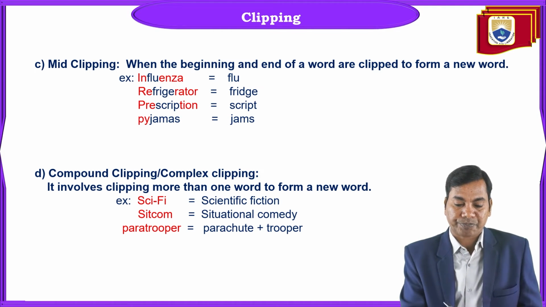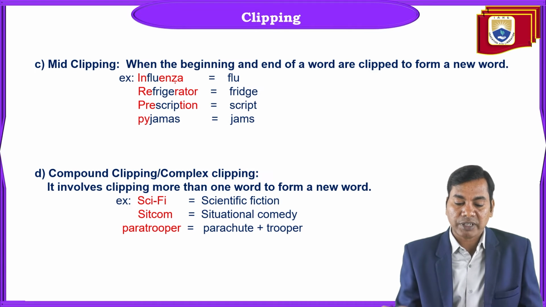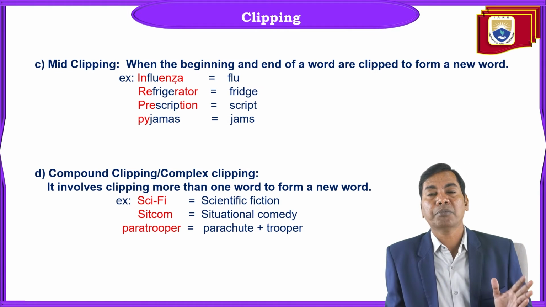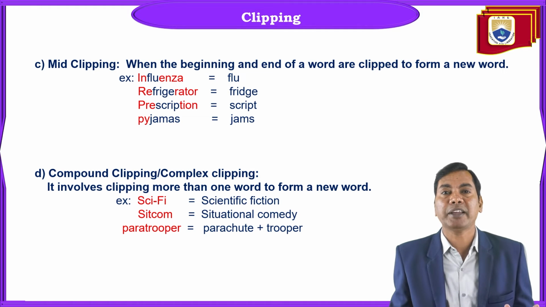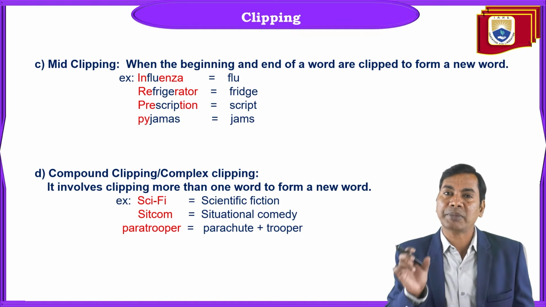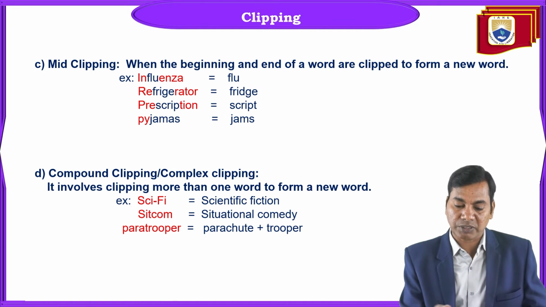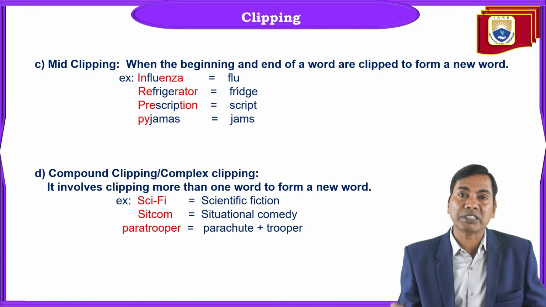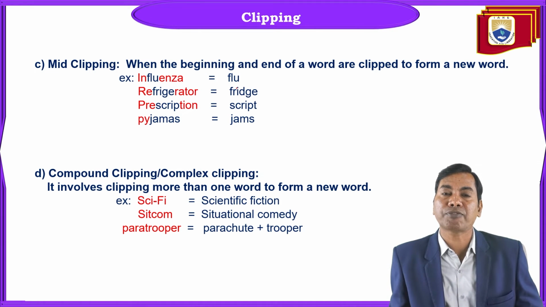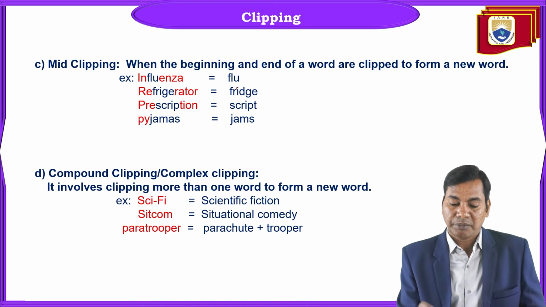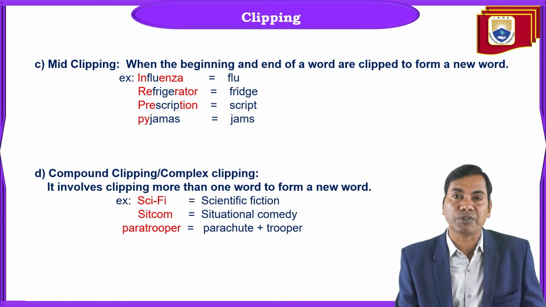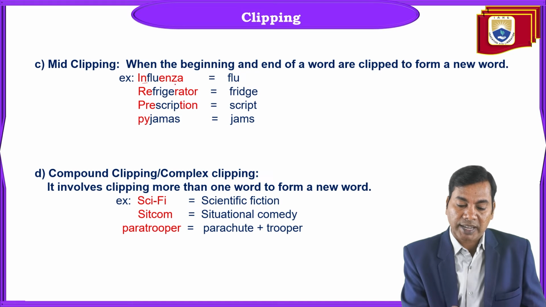See there, in the word influenza, I remove the initial part and the ending part of that word, then there remains the middle part. So in the word influenza, we simply say flu, right? But the full word of that is influenza. So the word flu has come by using the process of mid clipping. I removed the initial part and the ending part. What exists there?